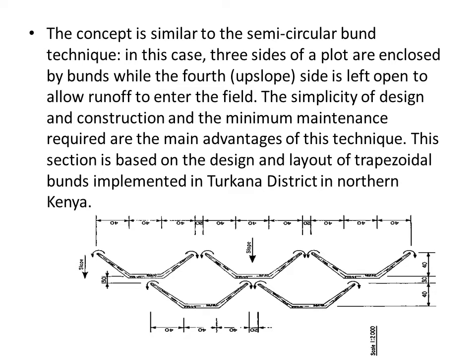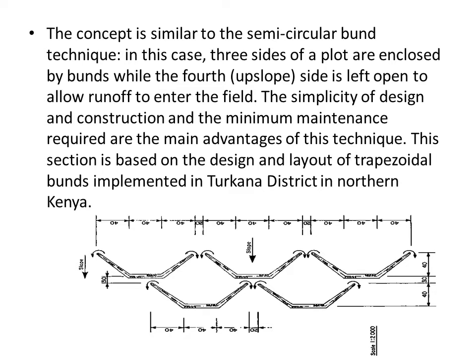In this case, three sides of a plot are enclosed by bunds, while the fourth side is left open to allow runoff to enter the field. You can see here it looks like a semicircular bund, but it is in the trapezoidal shape, and you can see here in between two wing walls the water enters, and the excess water goes out from the ends of the wing walls.